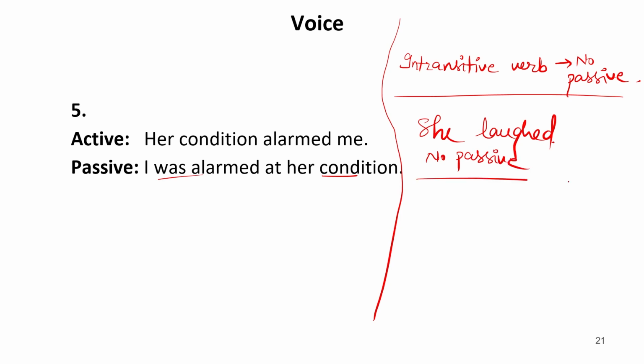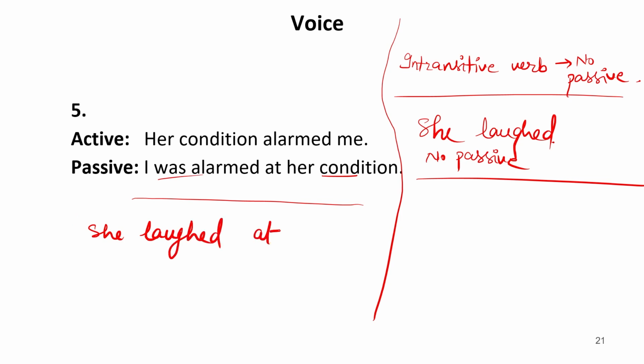Now, whenever we join these intransitive verb sentences with a preposition and then we write an object, we can convert that into passive voice, but there is a condition. How to convert such sentences? Let us see an example. For example, if this sentence is written like this, "She laughed at him."